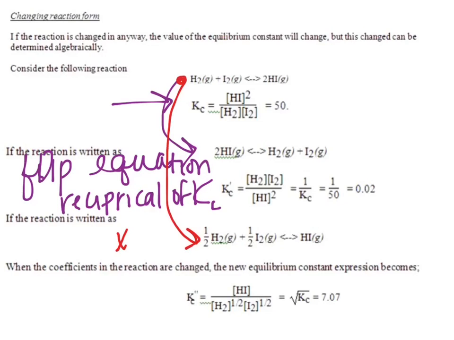So they multiplied everything by 1/2, which means now the exponents become 1/2 of what they were, which would be the square root of the whole thing. If they would have multiplied it by 1/4, the superscript would become 1/4.